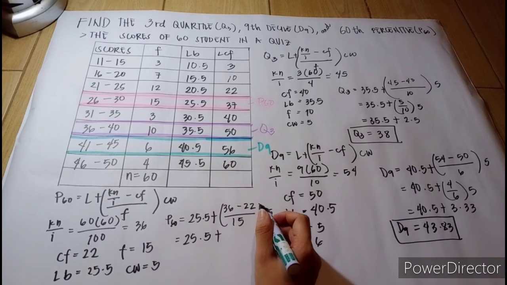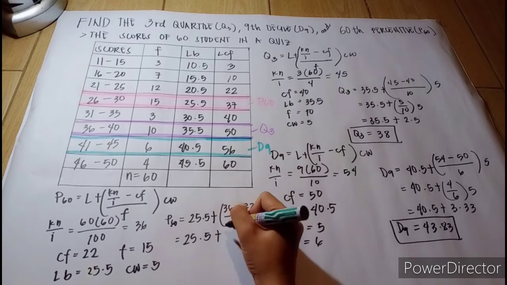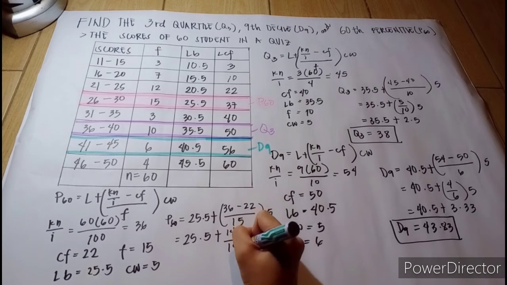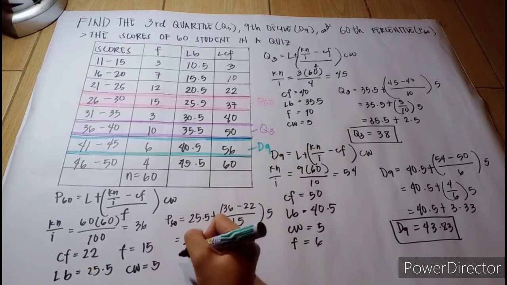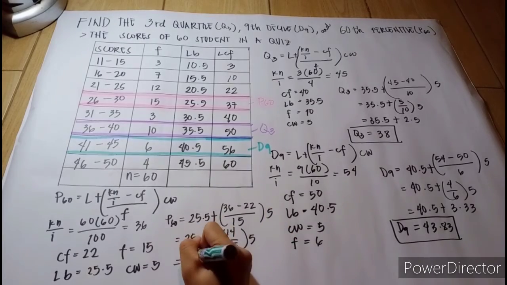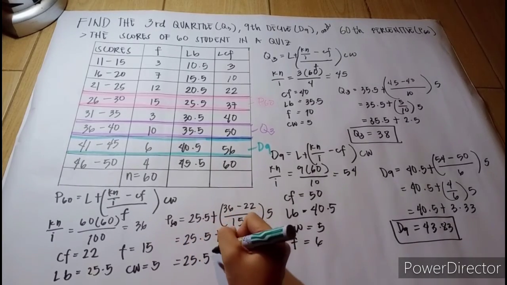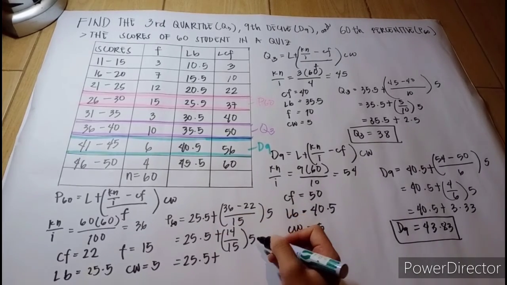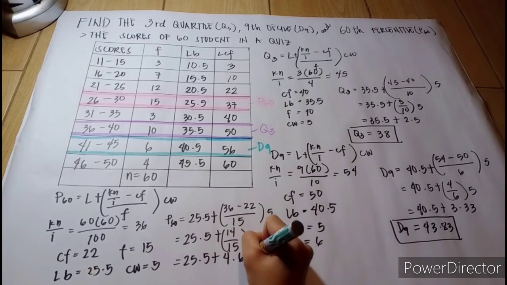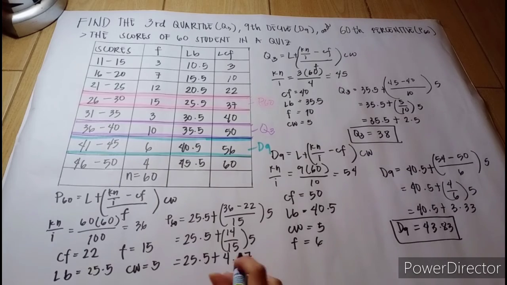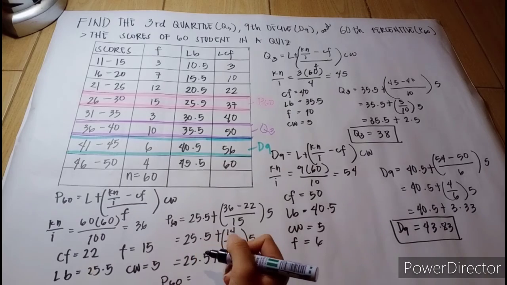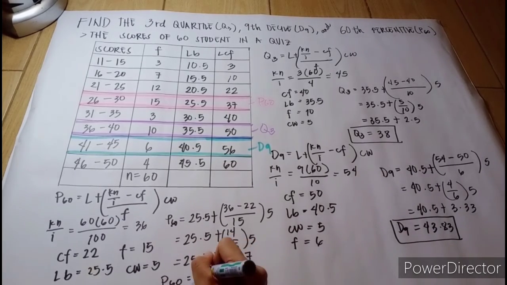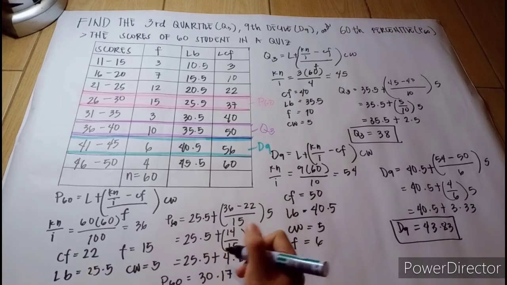So 36 minus 22, that is 14 over 15 times 5. 14 over 15 times 5, that is 4.67. 4.67 plus 25.5, that is 30.17.